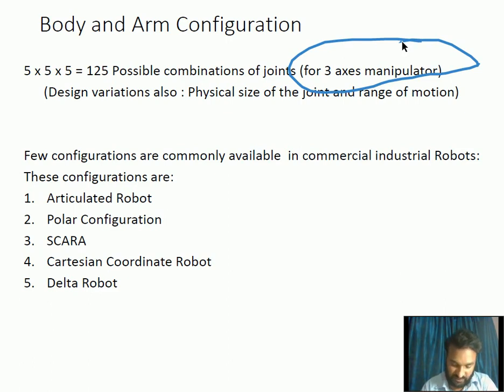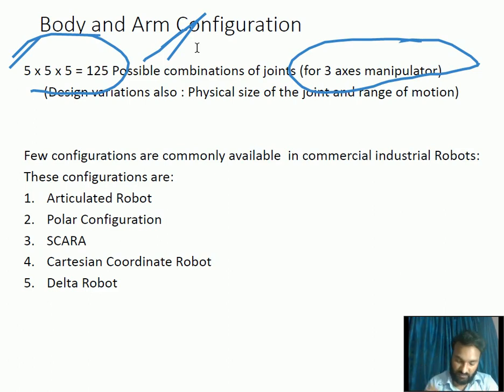So in all we can get 125 combinations, which means we can make 125 different types of robot, all with different joint configurations.